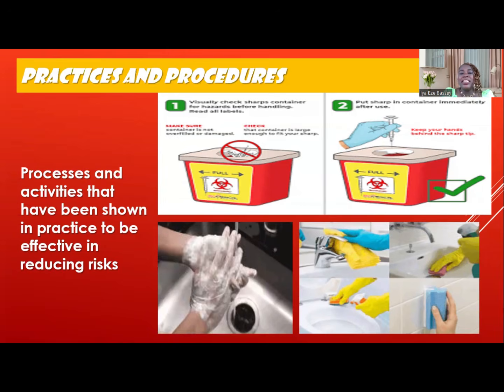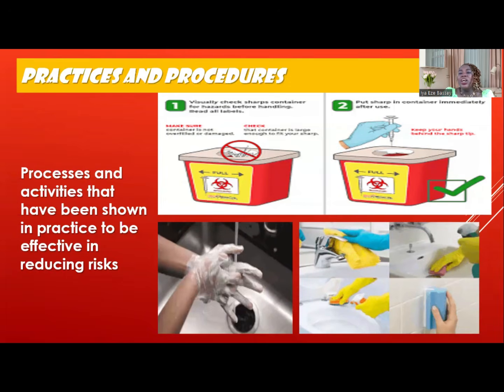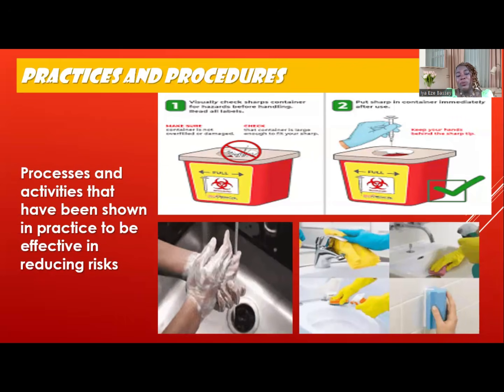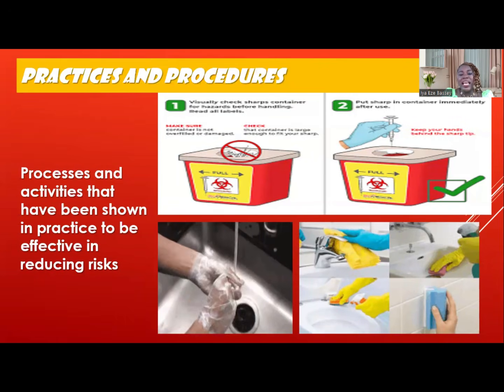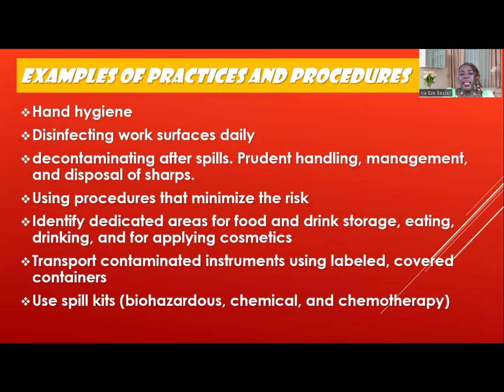These are processes and activities that have been shown over time to be effective in reducing risk, like hand washing, cleaning of surfaces, disposal of sharps, and all that. Examples include hand hygiene and disinfecting work surfaces, like I've said, to decontaminate after spills.